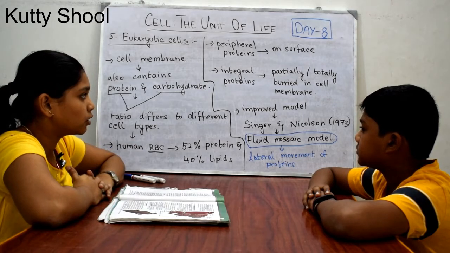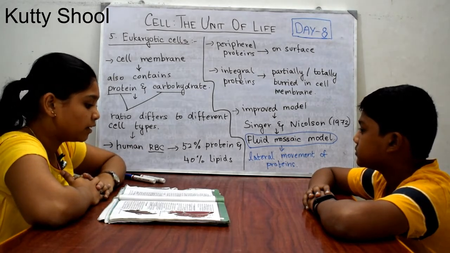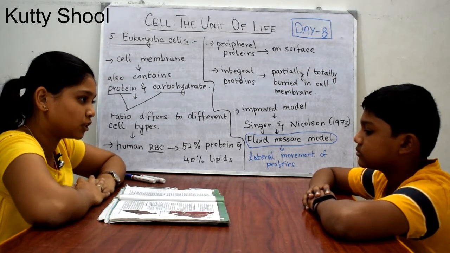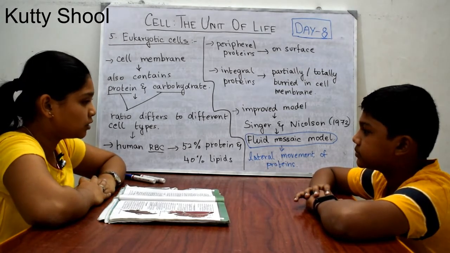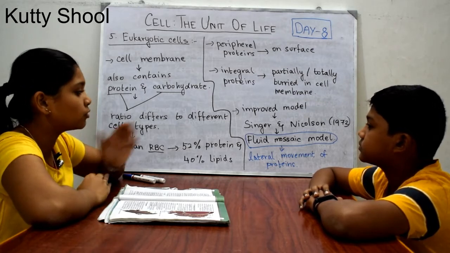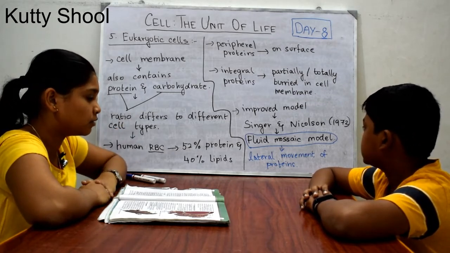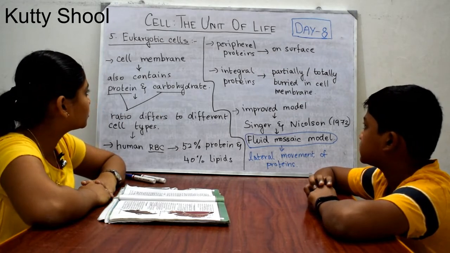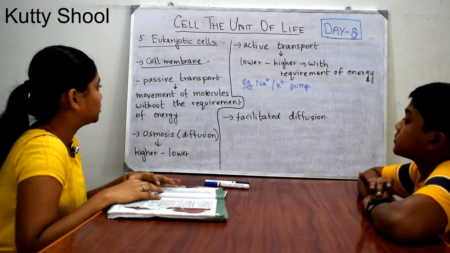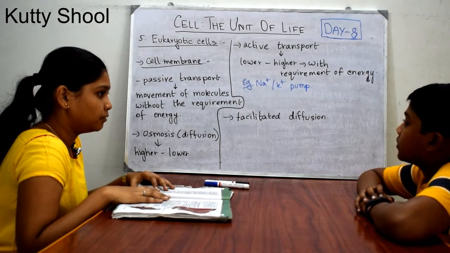It helps in the growth of the cell, formation of intercellular junctions, secretion, cell division and so on. The cell membrane performs various functions because of this fluid nature. Next, we will discuss some more characteristics of the cell membrane.